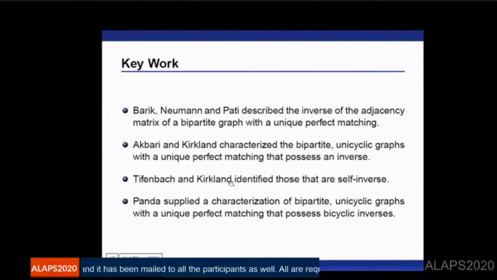Then Tifenbach and Kirkland identified those bipartite unicyclic graphs which are self-inverse. Self-inverse means the inverse graph is isomorphic to the original graph itself. Then recently, Panda supplied several characterizations of bipartite unicyclic graphs with unique perfect matching and possessing bicyclic inverses.